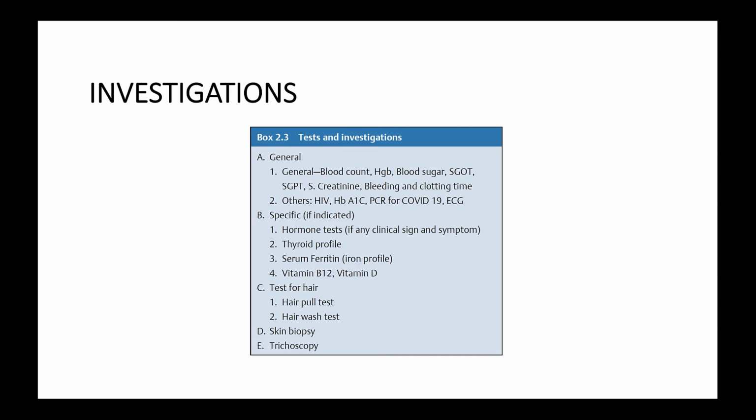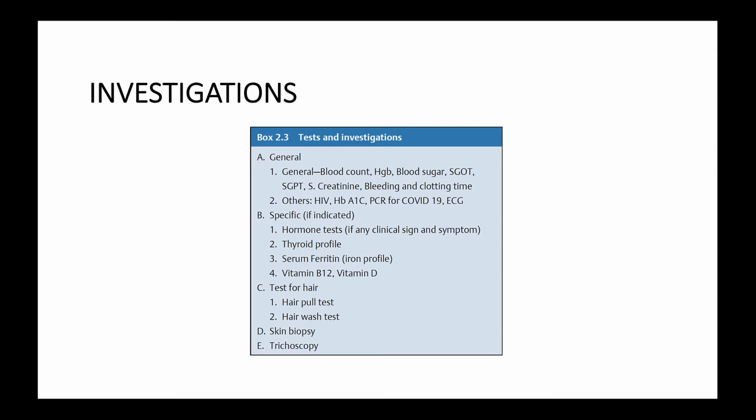Specific tests, if indicated, are the hormonal assay, thyroid profile, serum ferritin. If you think clinically, vitamin B12, vitamin D, and other specific tests like hair pull test, hair wash test, skin biopsy, and trichoscopy. To me, trichoscopy should be a routine investigation.